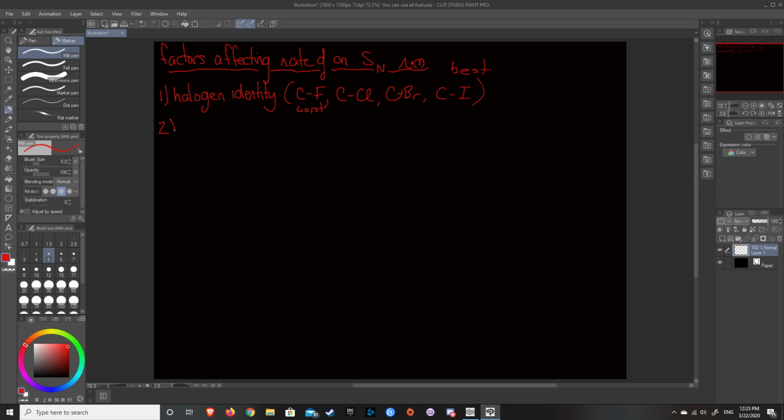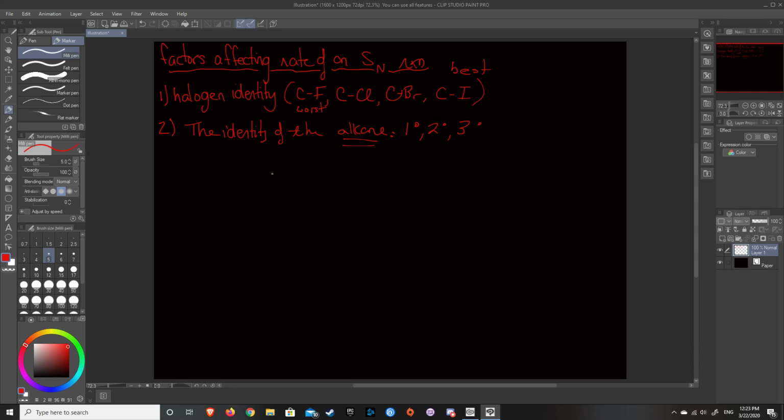Number two, this is the one that we're going to be just covering in this quick video, and then we're going to cover the third one. The second one is basically the identity of the alkane. So what this means is that, you know, we've already covered this in a previous video, but it affects it, whether it's a primary, a secondary, or a tertiary carbon.